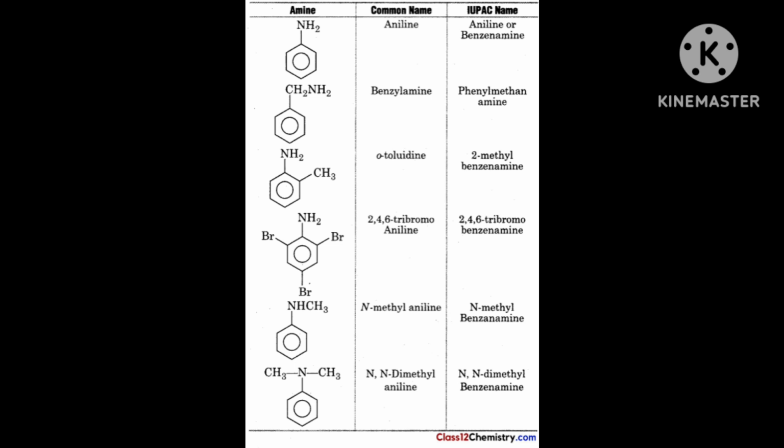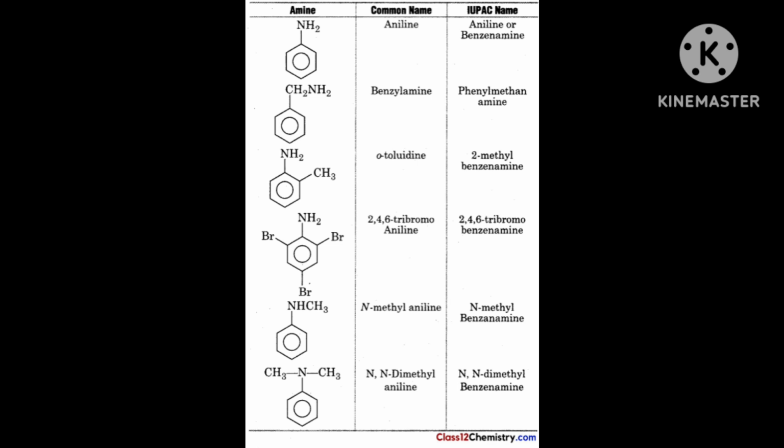For example, suppose CH2 is there, and both carbons have NH2. Two amine groups are attached with ethylene. Now it became a single bond because NH2 joined and one bond broke. Just consider that two carbons are there, CH2, and from each carbon NH2 is attached.